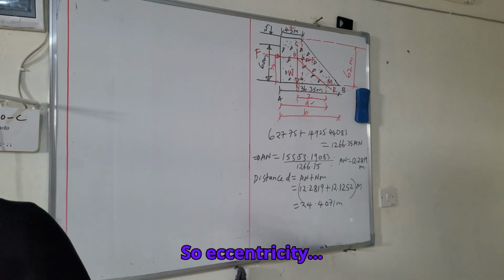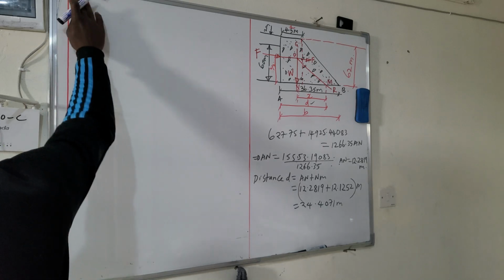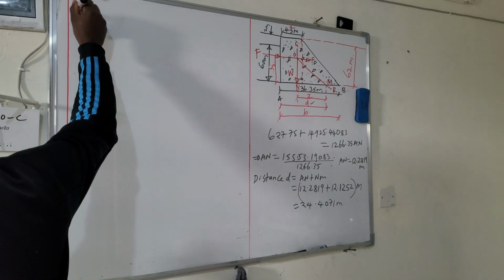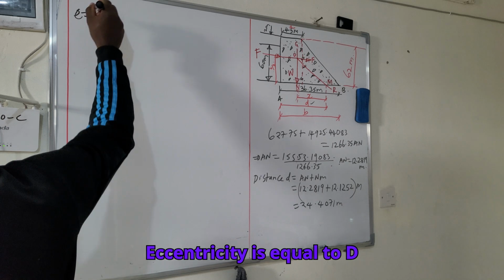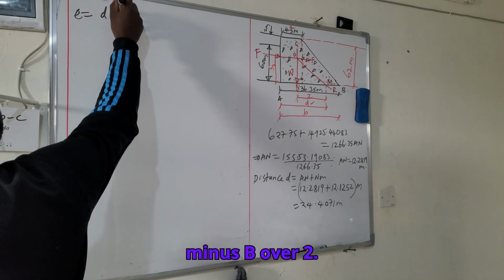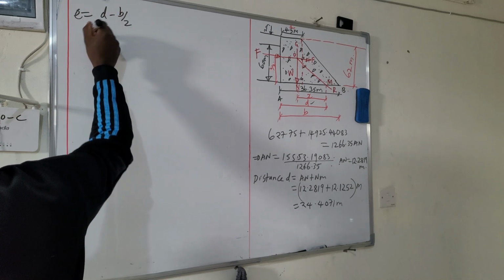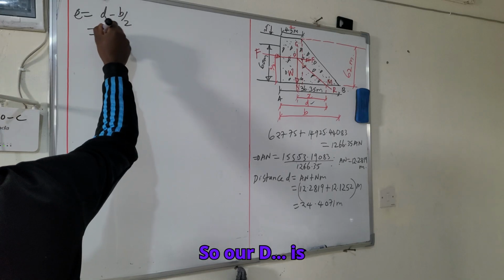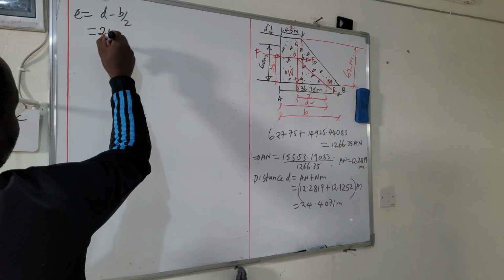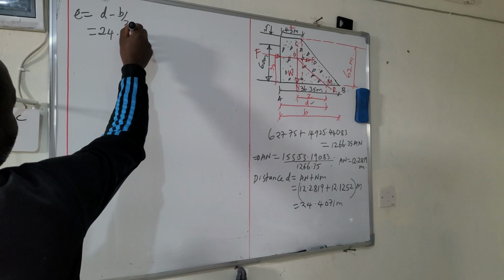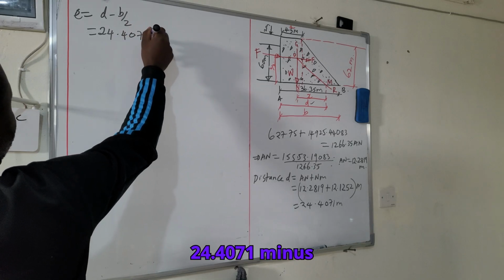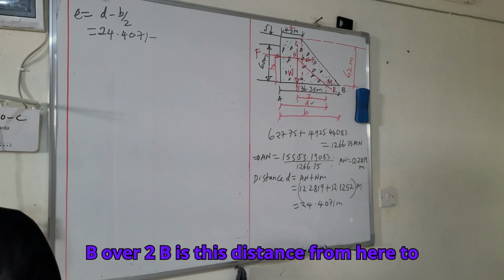So eccentricity is equal to D minus B over 2. So our D is 24.4071 minus B over 2.